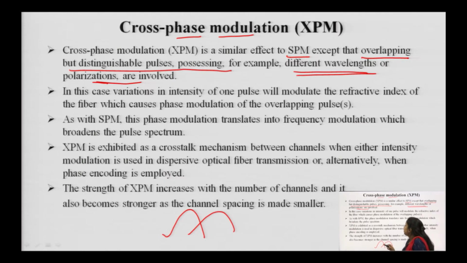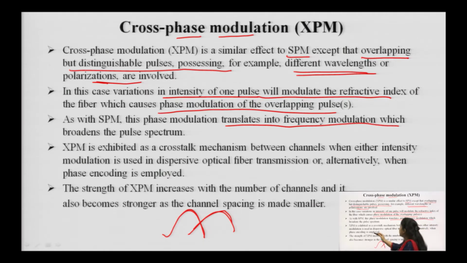In this case, variation in the intensity of one pulse will modulate the refractive index. This is applicable to all types of Kerr effect, that is, intensity variation will affect the refractive index of the fiber, which causes phase modulation of the overlapping pulse. As with SPM, this phase modulation translates into frequency modulation, which broadens the pulse spectrum.